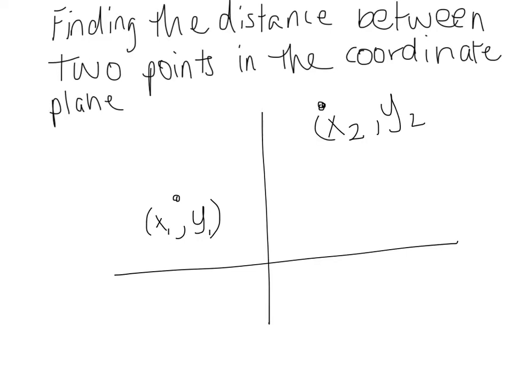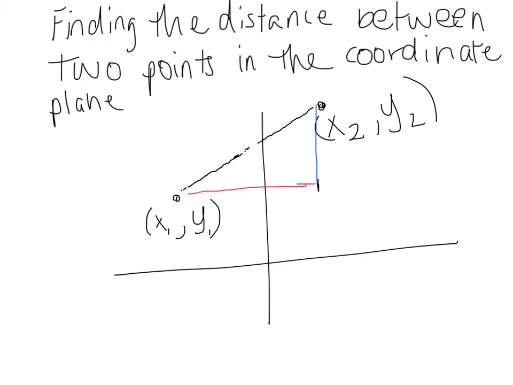And we would like a formula for finding the distance between those 2 points, or what's the same thing, the length of the line segment joining those 2 points. So what we can do here is kind of turn this situation into a right triangle, because we don't know the diagonal distance off the top of our heads, but we can see what the horizontal distance would be.